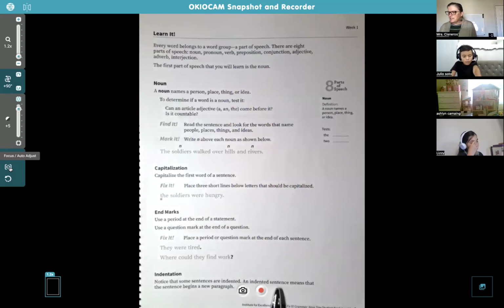An indented sentence means that the sentence begins a new paragraph. So if you have 3 paragraphs and there's a lot of sentences in there, the very first sentence is indented. It's moved over a little bit. That way it's easy to tell it's a new paragraph.